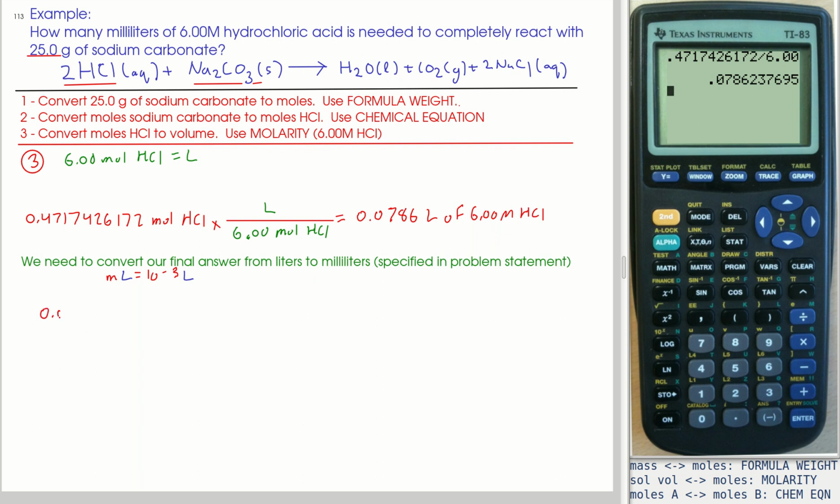Take your 0.0786 liters, I'm trying to get rid of liters, so put the liter part of the factor on the bottom, 10 to the minus 3 liters. Put what it's equal to, milliliters on the top.